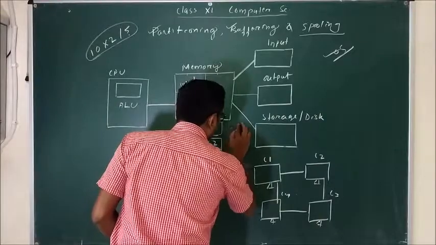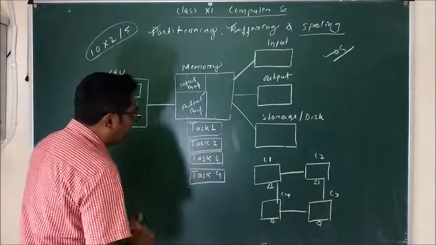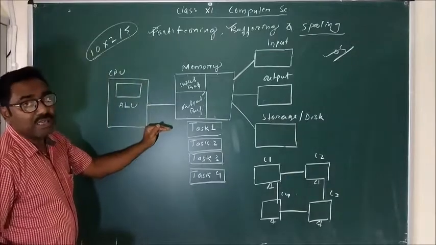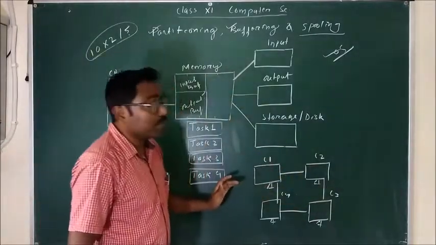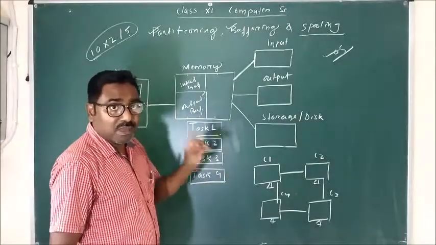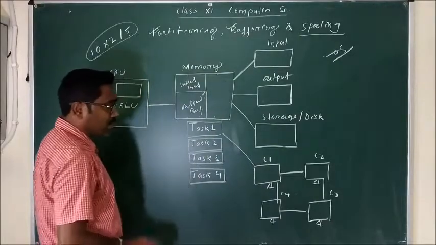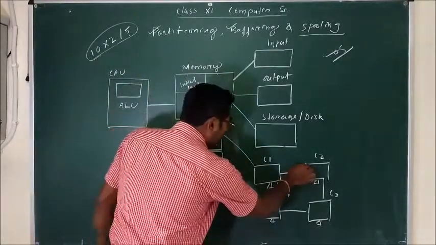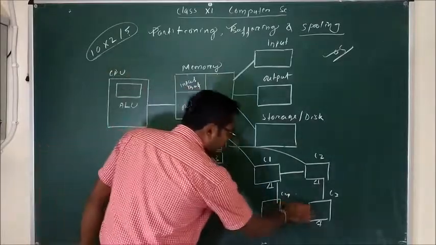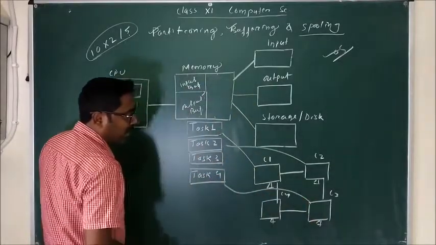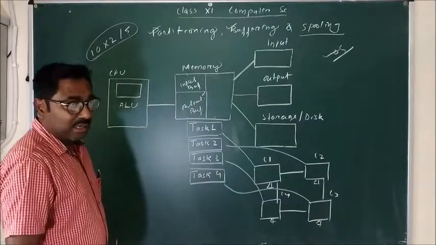Task 1, task 2 and task 3 are nothing but commands for taking printouts, assigned by these 4 computers at the same time. Suppose computer 1 is trying to print task 1, computer 2 is trying to print task 2, computer 3 is trying to print task 4 and computer 4 is trying to print task 3.